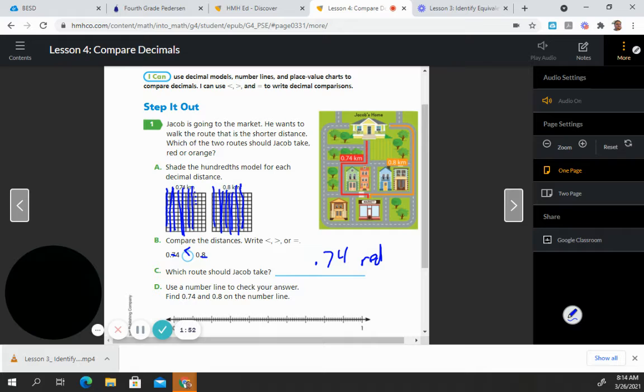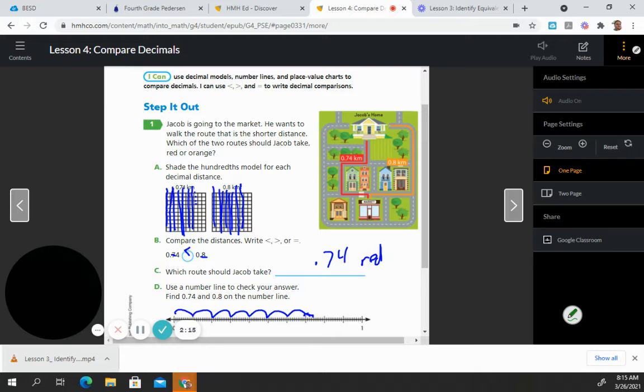So use the number line to check your answer. So here we go on the number line. We have to do jumps of 10 first because those are our tenths. So the first one is going to go in blue, 10, 20, 30, 40, 50, 60, 70, 1, 2, 3, 4. And then the orange route is going to, I guess I probably should have used that in color.